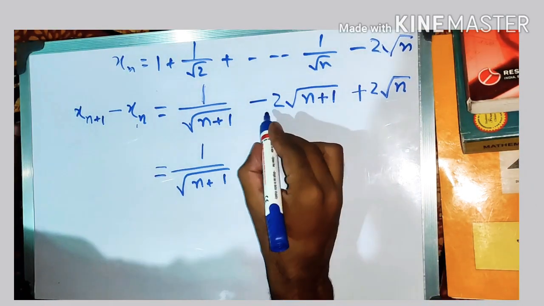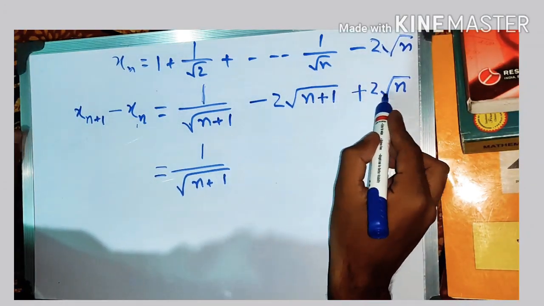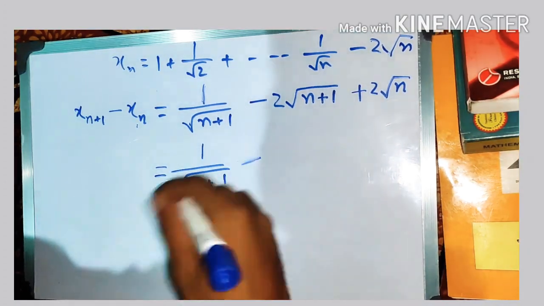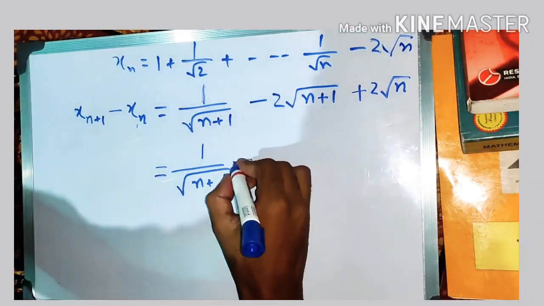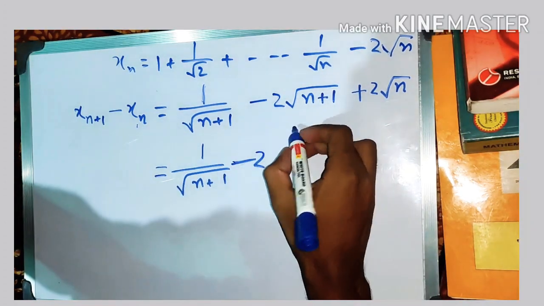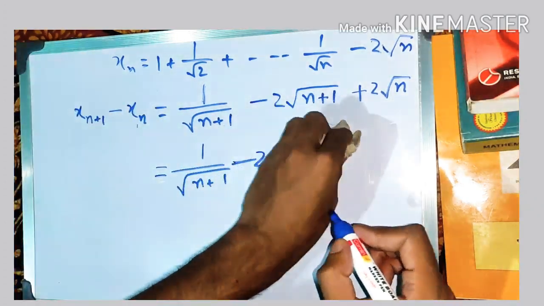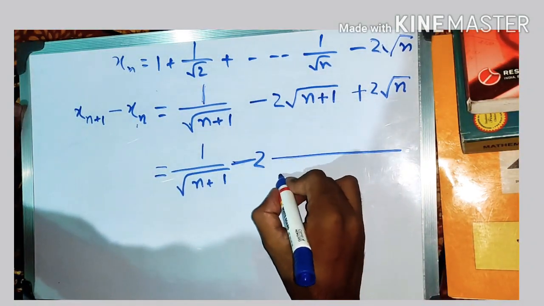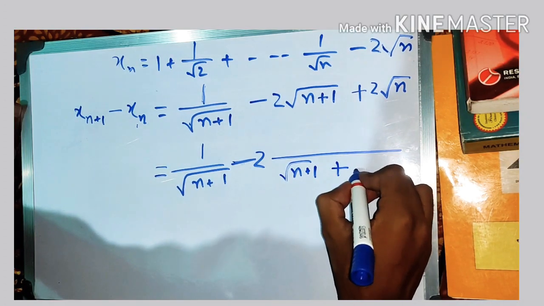For simplifying, we multiply this term, root of n plus 1 minus root n, with root of n plus 1 plus root n.